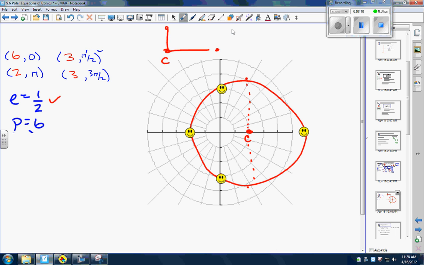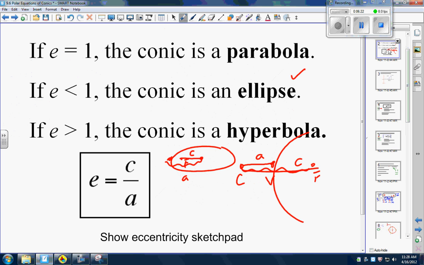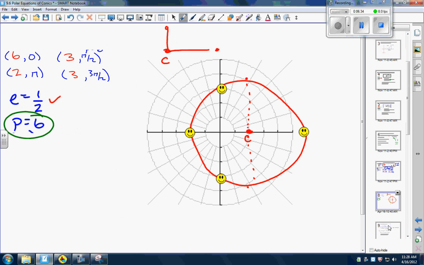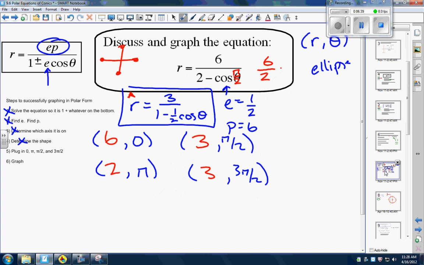One thing we haven't talked about with this guy is that the p came out to be 6. What that means by definition of this stuff we talked about earlier is that the directrix is a distance p from the pole. So when we said p equals 6, it was a cosine, so it's going to hit perpendicular on the cosine axis.